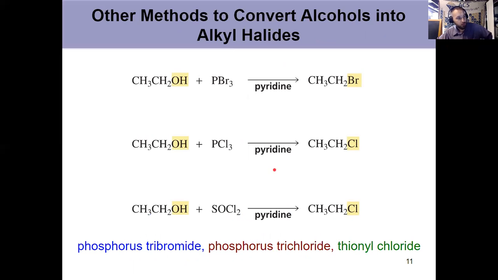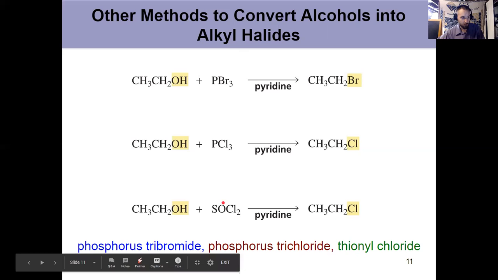We can use an alcohol plus any one of these three reagents here to convert them to an alkyl halide. Listed in order, we have phosphorus tribromide, phosphorus trichloride, and thionyl chloride down here. So listed left to right, they match top to bottom, the names of these reagents.